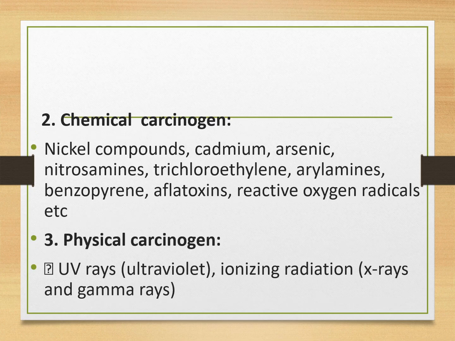Then chemical carcinogens are there, like nickel compounds, cadmium, arsenic, nitrosamines, trichloroethylene, arylamines, benzopyrene, aflatoxins, reactive oxygen radicals, etc. These are the chemical carcinogens due to food or pesticides. Those who are working in pest control areas will be affected by some of the pesticides.